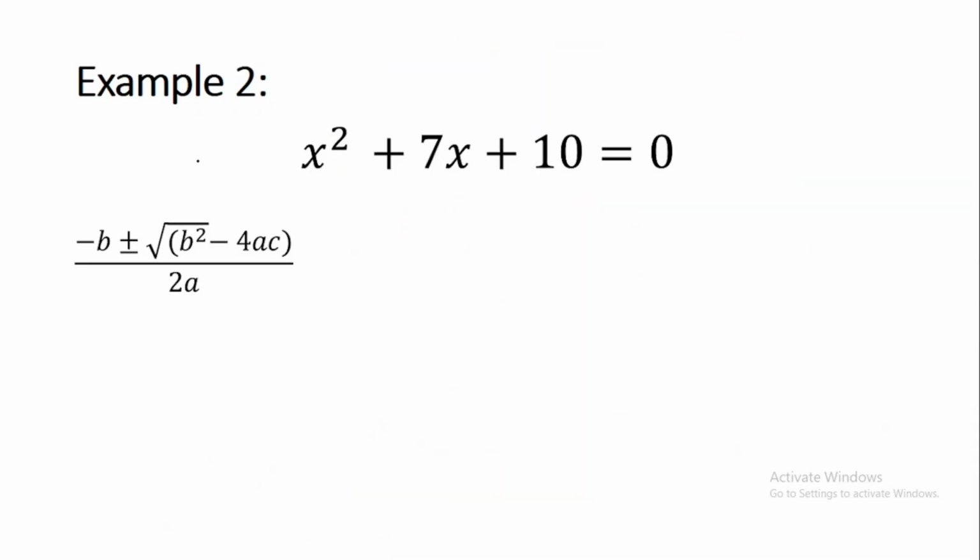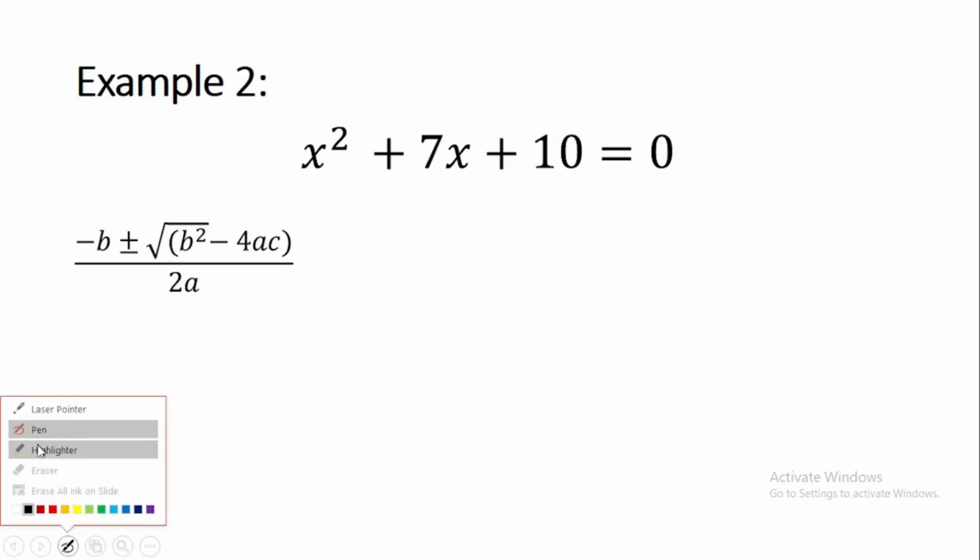Alright, so moving on. Now we have another example. We have 3 terms this time around. Because we have 3 terms now, we can easily find our a, b, and our c. So this is a perfect example right here. So let's get the pen out.